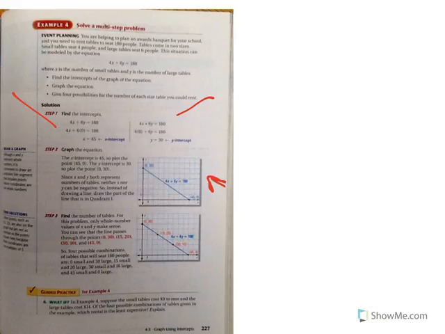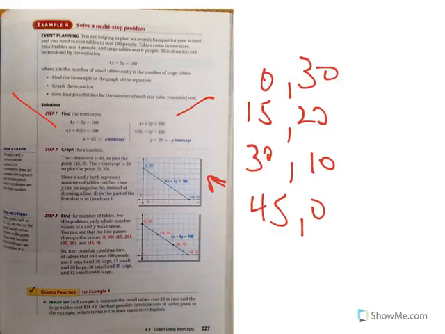And then you can see that they added a couple more points here where it made an easy, recognizable point where it went across. So those are four possibilities, and the four possibilities are listed over here. Those are all the possibilities in this column here. That's the amount of small tables, and this column here, that's the amount of large tables.